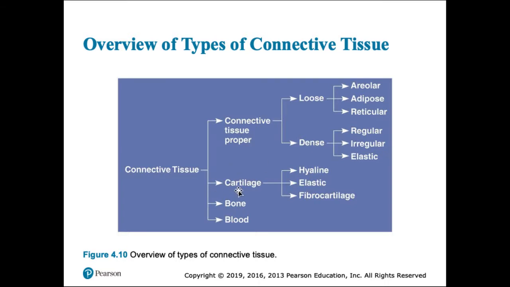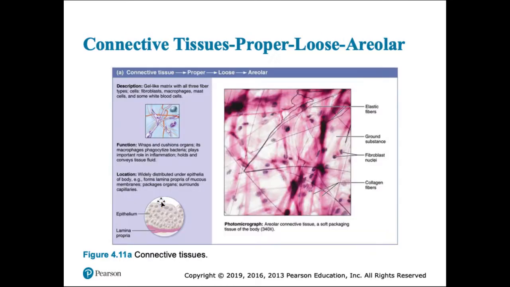We then have cartilage as a type of connective tissue, which can be broken down into hyaline, elastic, and fibrocartilage. Then we have bone and blood. So you can see connective tissue is very complex. Lots of different parts of connective tissue that are basically involved in keeping our body going and what we do.